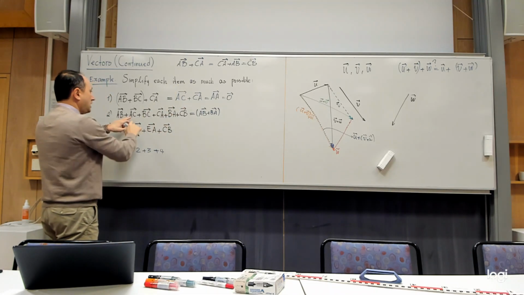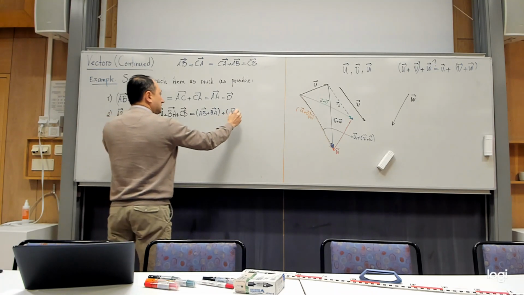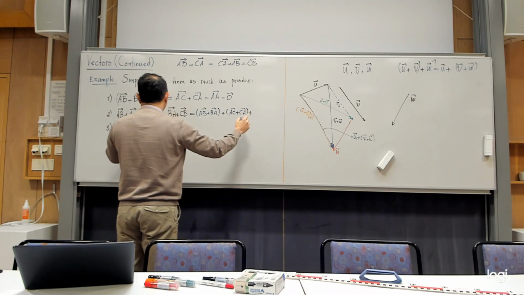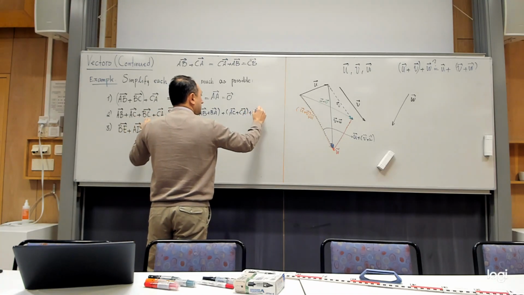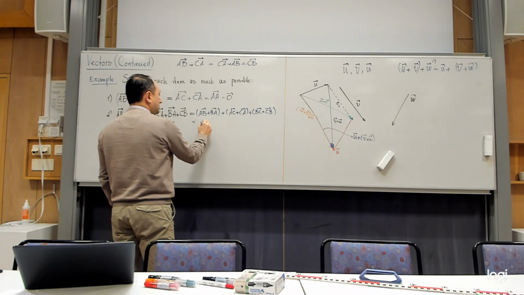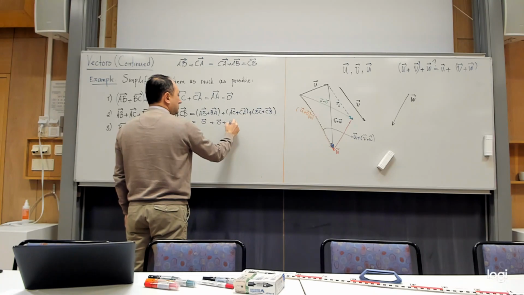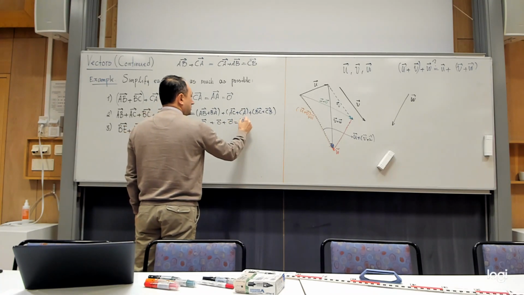So then I will take AC and CA, and we also take BC and CB. And then of course this is the zero vector, this is also the zero vector, that is also the zero vector, and then this becomes the zero vector.